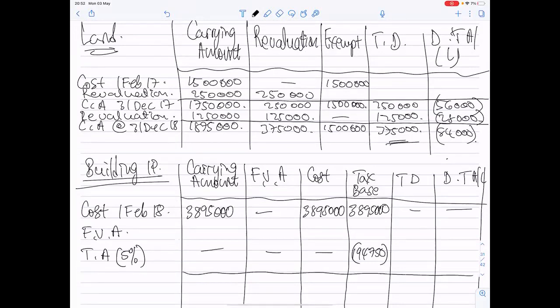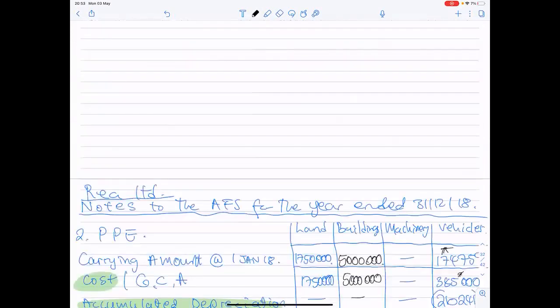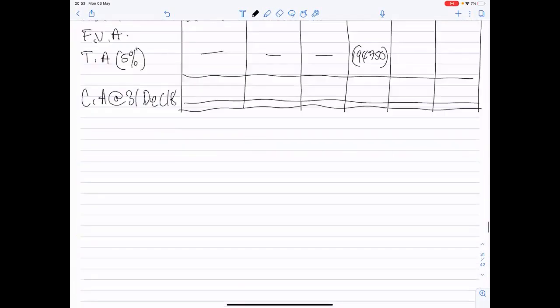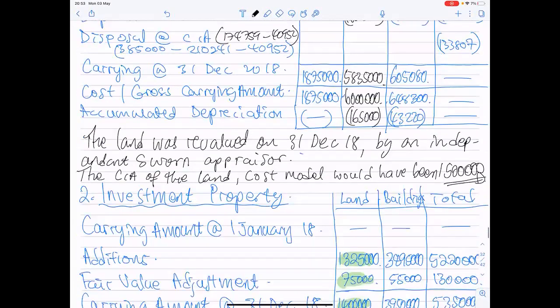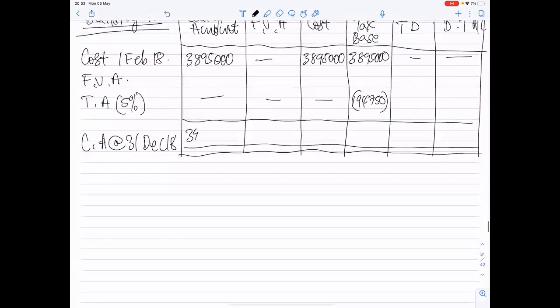But we know that at the end of the year, the asset was shown at fair value, it was revalued. So carrying amount at 31 December 18, the asset had a carrying amount of 3,950,000, that is the buildings. So there was a fair value adjustment of 3,950 minus 3,895.